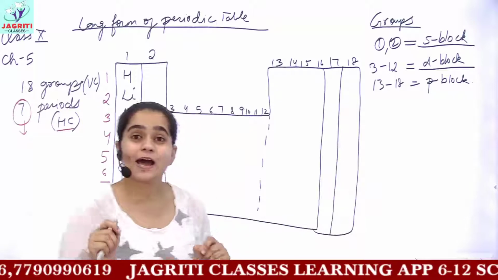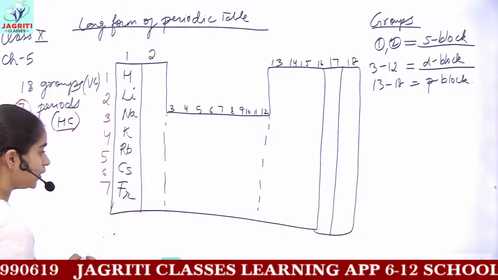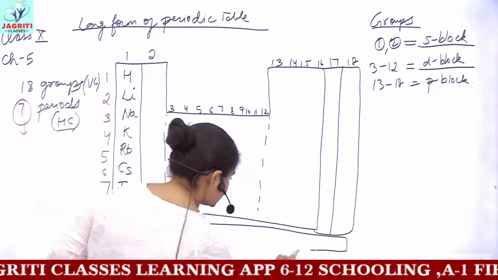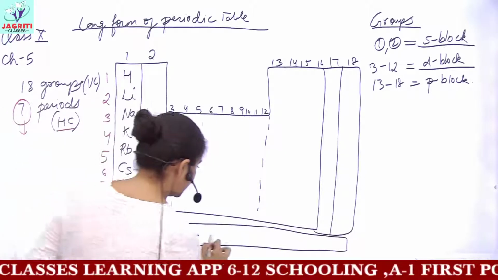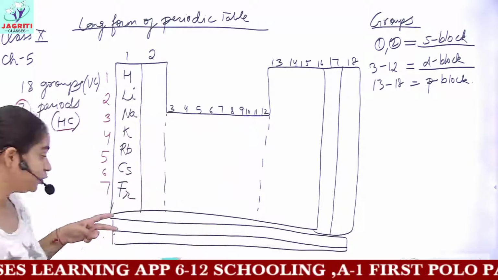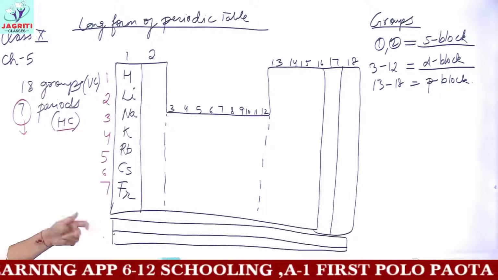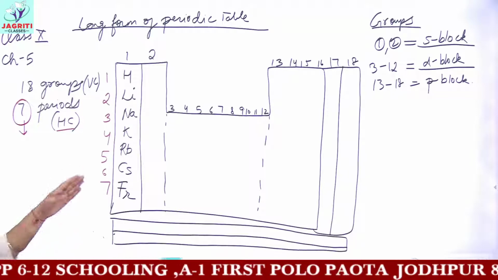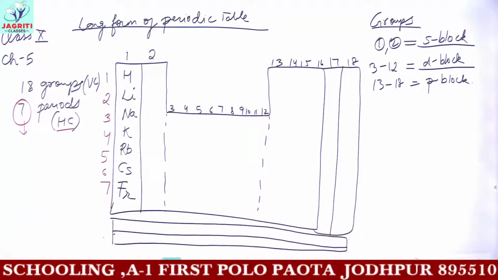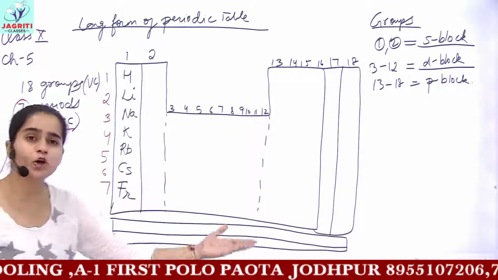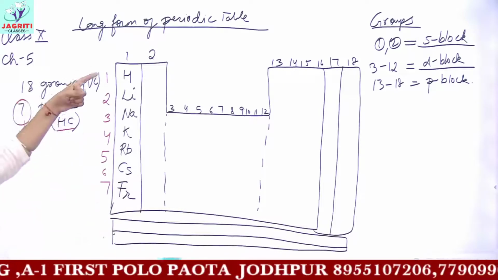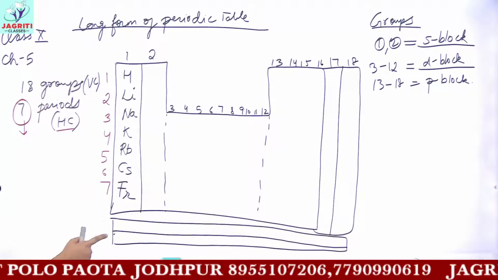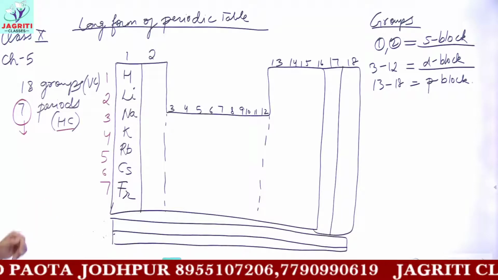And then we have another block, that is your F block. I am drawing this F block, which is present at the base of your periodic table. You have two periods in your F block. But why is this F block not called the 8th and 9th period, because it is present below the periodic table? Because we are starting with the numbers 1, 2, 3, 4 till 7, it should be written 8th and 9th, but it is not so.